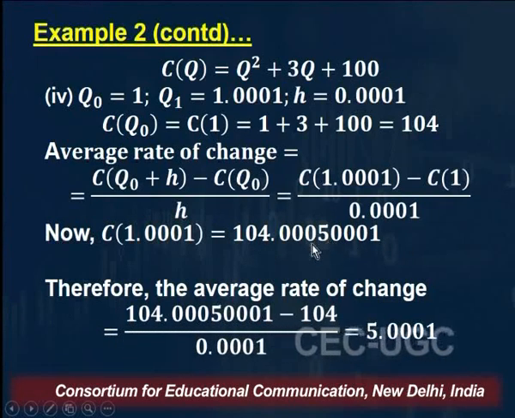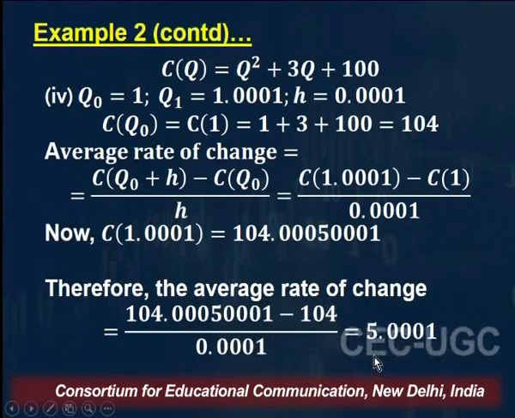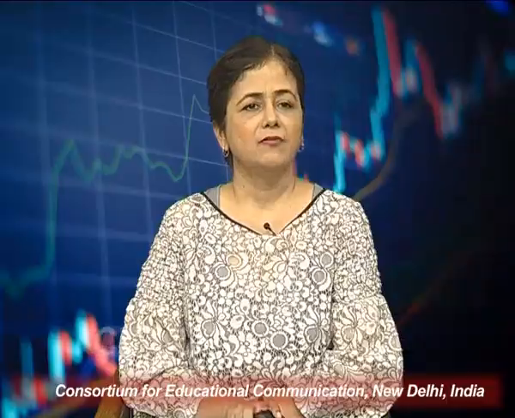I haven't shown the detailed calculations because that becomes too long, but it's simple algebra. You can just substitute the value into the cost function and calculate this. And then this gives us the average rate of change as 5.0001. This is as far as the average rates of change calculations are concerned.